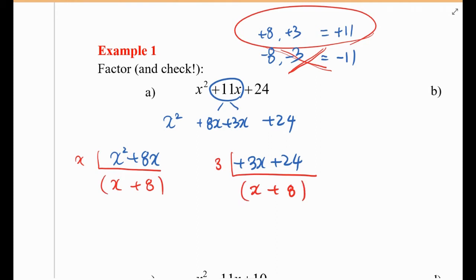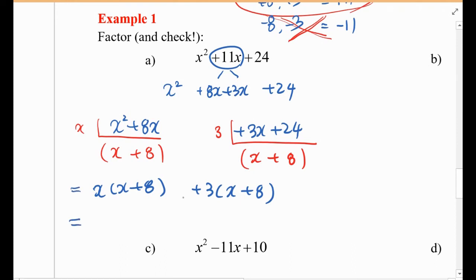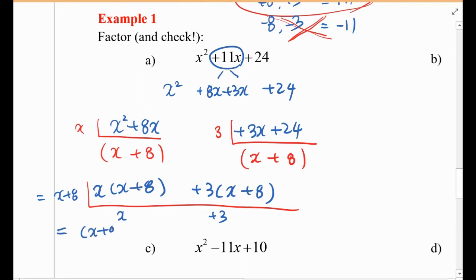Bracket, and let's rewrite it: x plus 8, plus 3 times x plus 8. After that, this is the common factor. After factoring out x plus 8, x and positive 3 will be here. Then the answer will be x plus 8 times x plus 3. That's the answer. Alright, everyone?